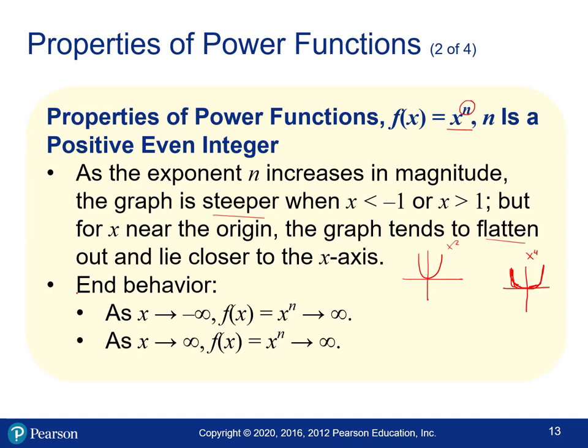And then what's really important is the end behavior. What this means is, what is the graph doing as we keep going toward infinity, negative and positive. If you think of your x-axis, and as I plug in numbers all the way toward infinity, all the way toward negative infinity, what's happening to my graph?